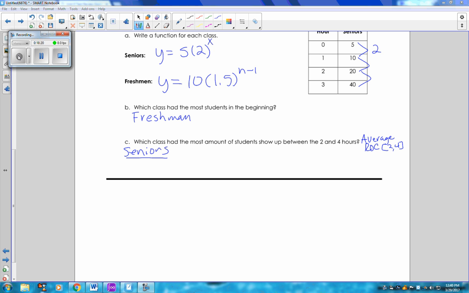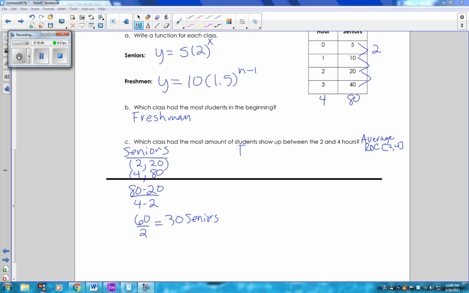For the seniors, at hour 2, they had 20. At hour 4, I'm going to have to expand my table to include 4, and that's going to be 40 times 2, which is 80. So I have 80 minus 20 over 4 minus 2. So that's 60 over 2, which gives us an average of 30. These are my seniors.